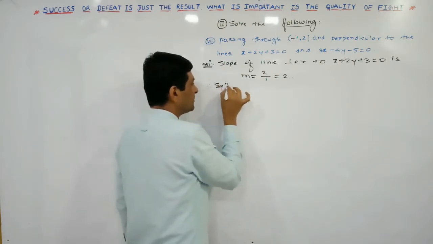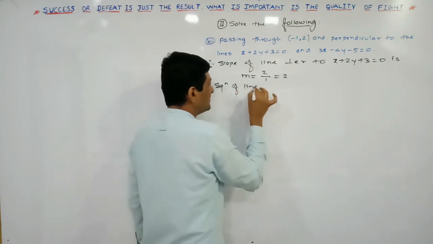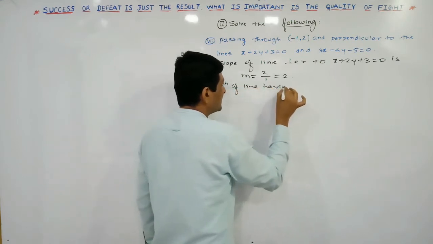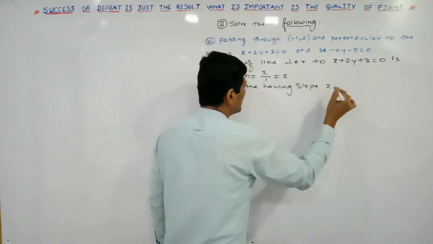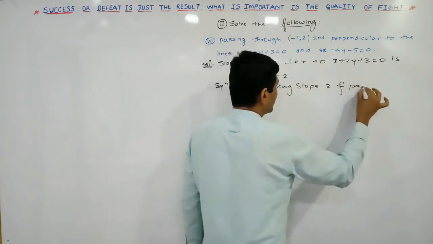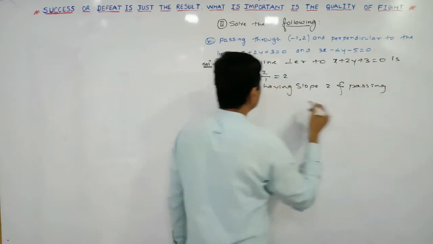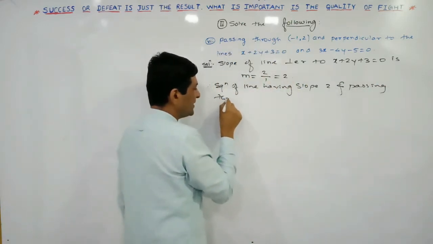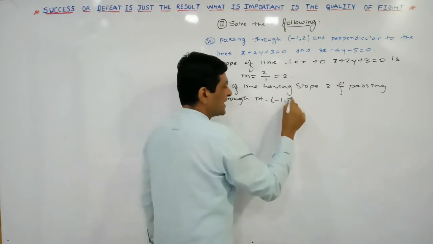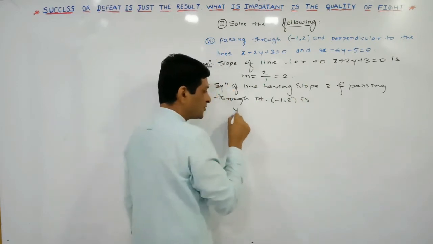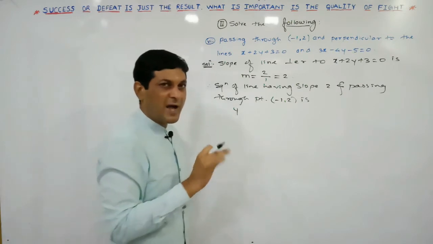So therefore, the equation of the line having slope, what is the slope here? 2, having slope 2 and passing through the point having coordinates 1 comma minus 2 is. Now apply slope point form. What is the slope point form? Y minus y1.